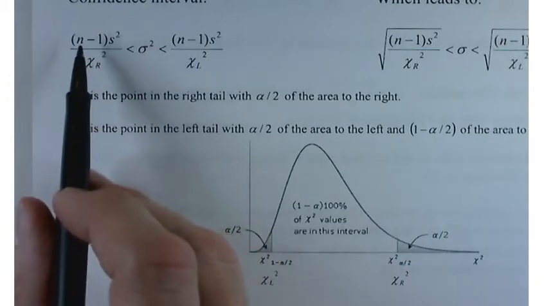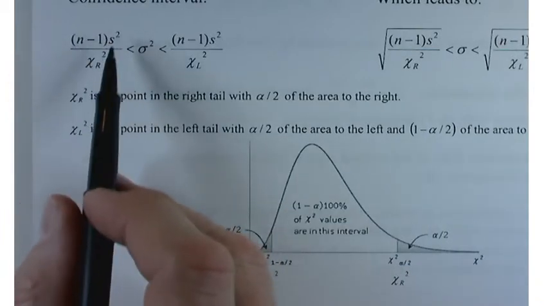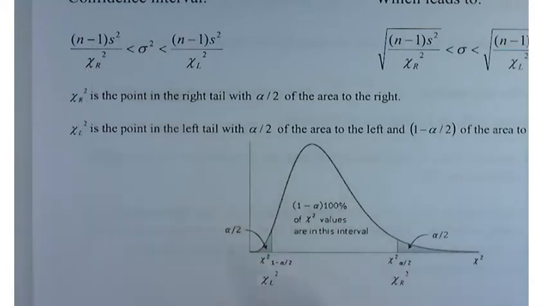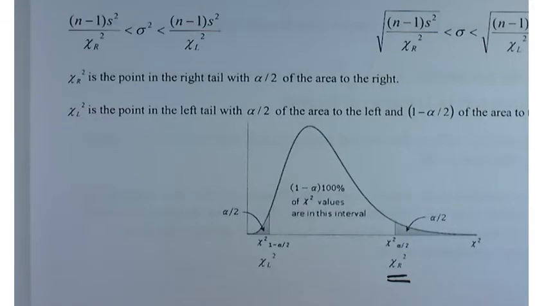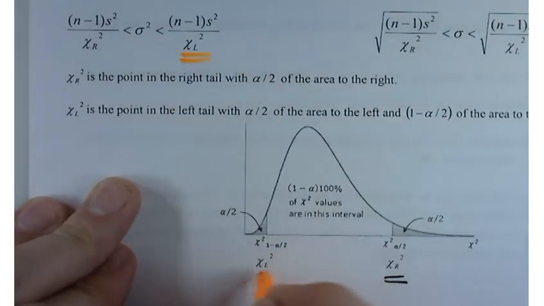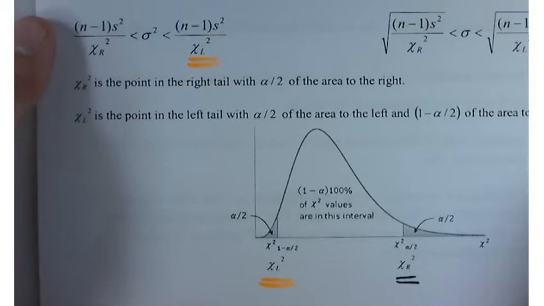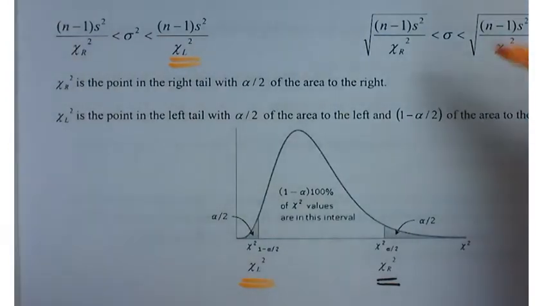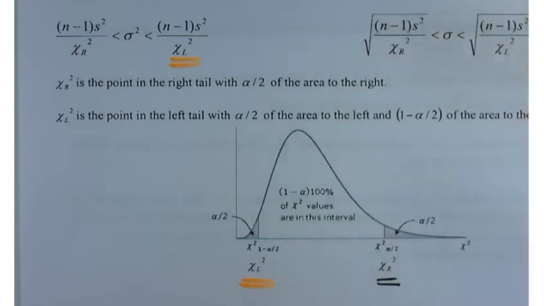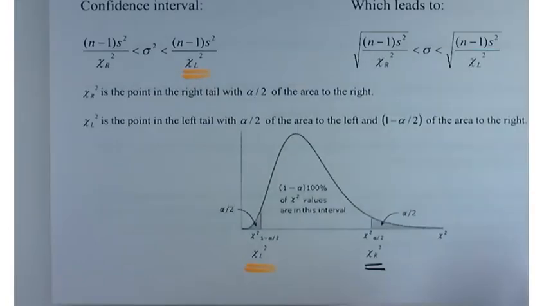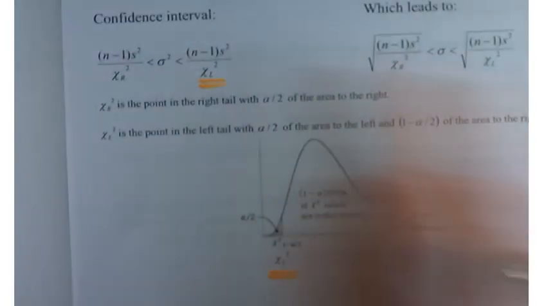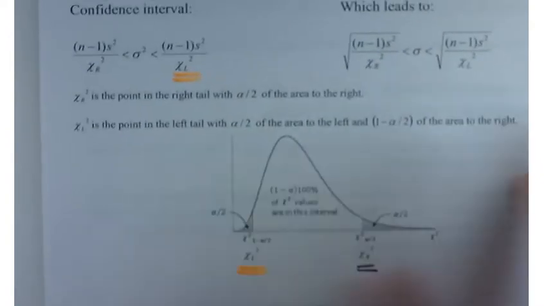You're going to take n minus 1 times your sample variance and divide it by chi-squared sub r. Chi-squared sub r is in the right tail, whereas chi-squared sub l is in the left tail. Now, if you then want a confidence interval for the standard deviation, you can take the square root of all three parts of this inequality and get this one over here.